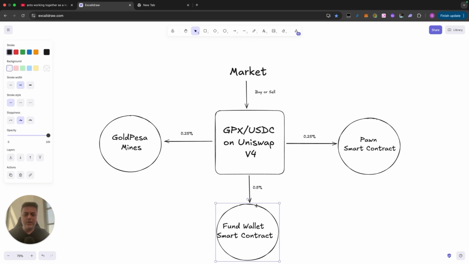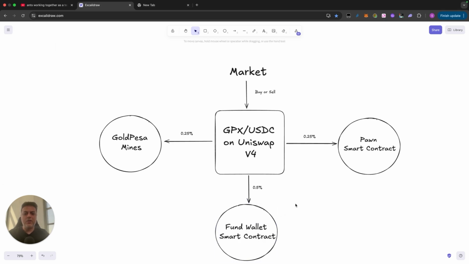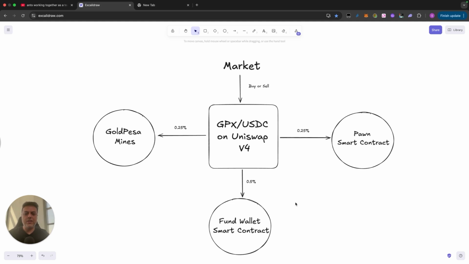The fund wallet is GoldPesa's wallet, and that is a smart contract. So every time GoldPesa is bought, sold, or transferred, these fees are distributed in real time.